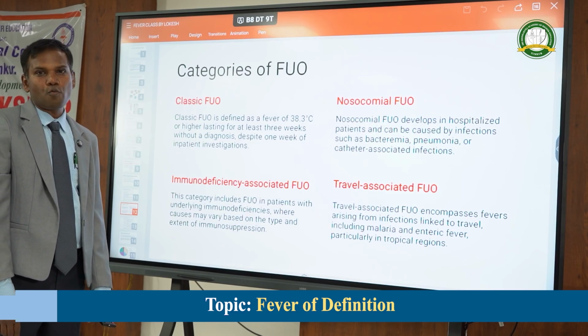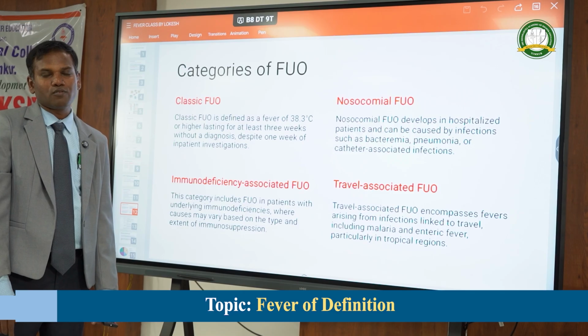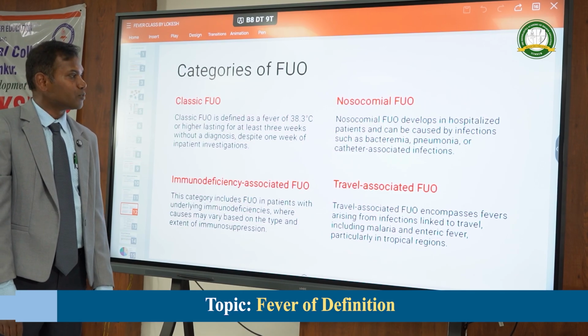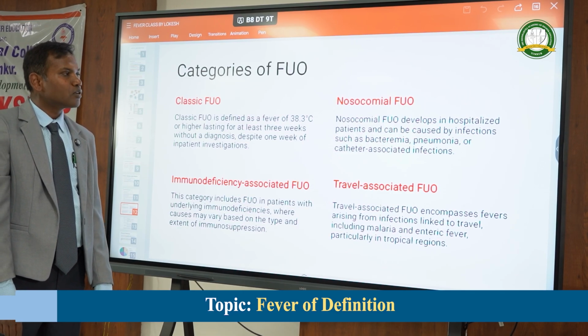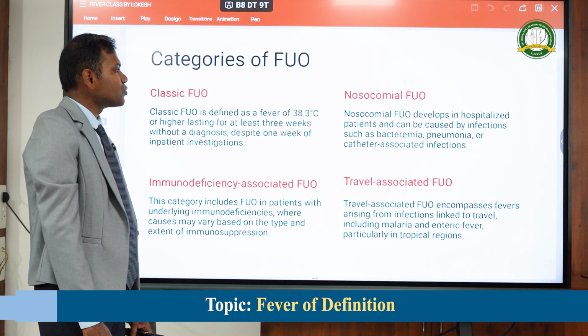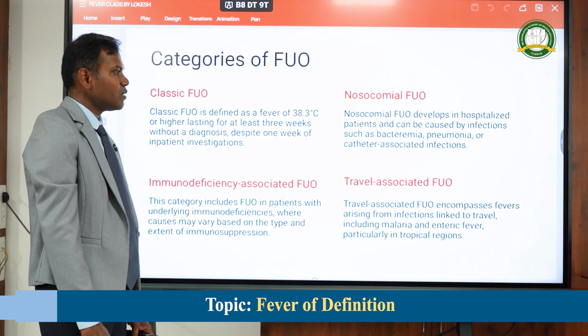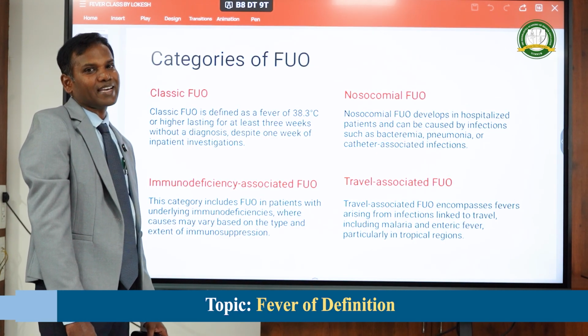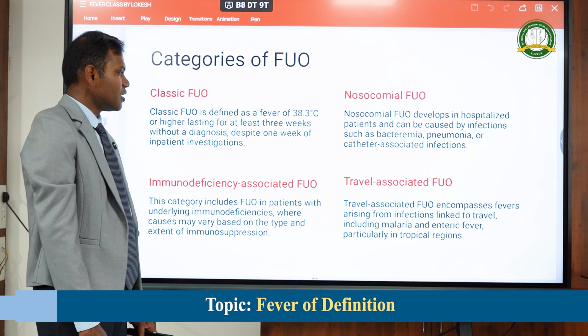Next is nosocomial, or hospital-acquired, pyrexia of unknown origin. Nosocomial FUO develops in a hospitalized patient and can be caused by infections such as bacteremia, pneumonia or a catheter associated infection.